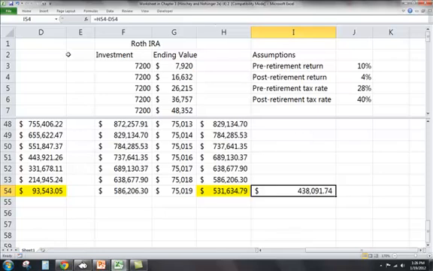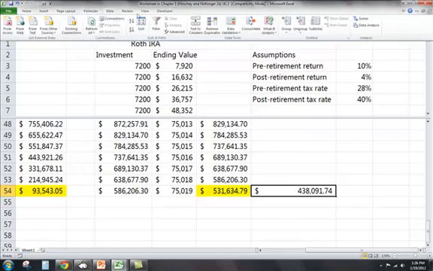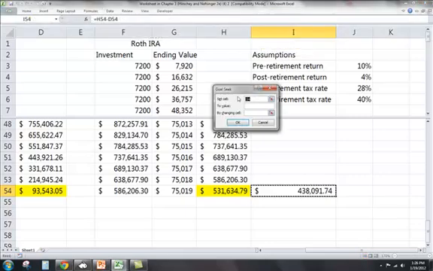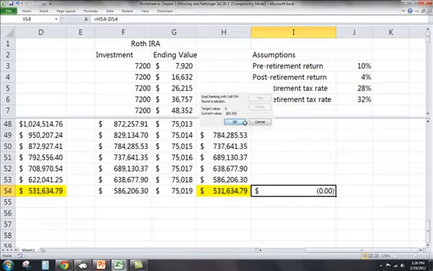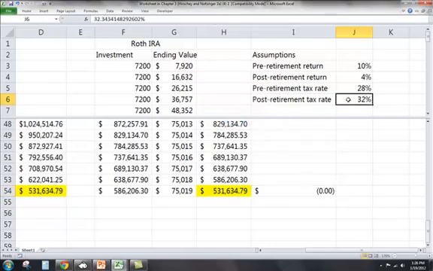So Goal Seek, I go to Data and What If Analysis, then Goal Seek, and I want to set this cell to a value of 0 by changing this post-retirement tax rate. So if the tax rate during your retirement exceeds 32%, then the Roth IRA would be a better choice.